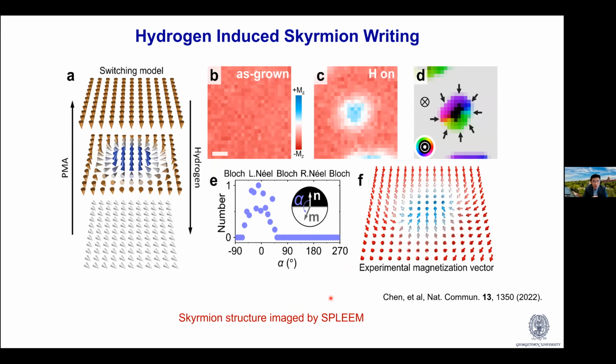Now, in this system, as we introduce hydrogen, we not only change the anisotropy to tune it from PMA to in-plane, but we're also able to nucleate what looks like a bubble domain. Upon close examination, this is not just any bubble domain. This is actually topologically non-trivial.